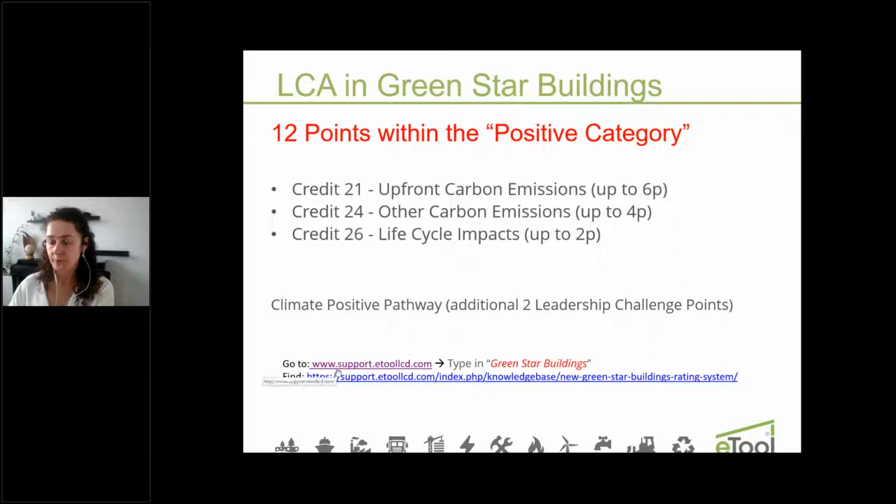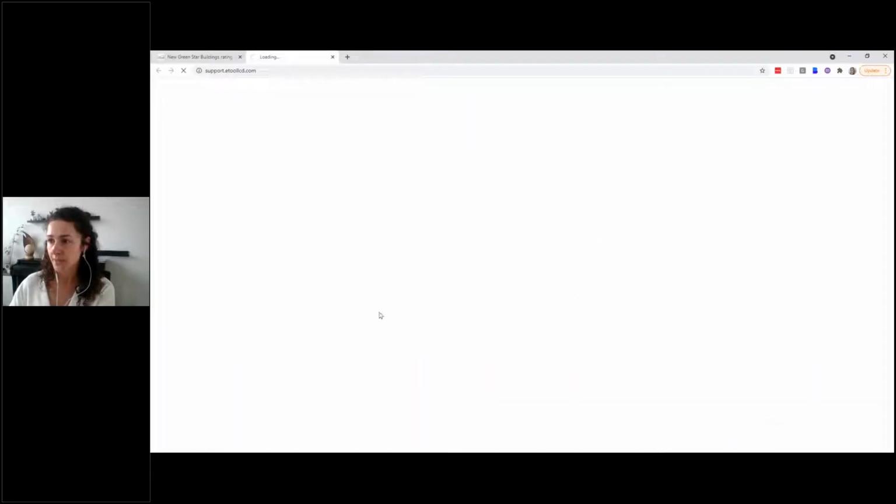Also, to give you more information about it, I inserted here the link. You probably know of our support website, support.eToolLCD.com. If you go on this website and type in Green Star Buildings, you will get a support article that we created for you.